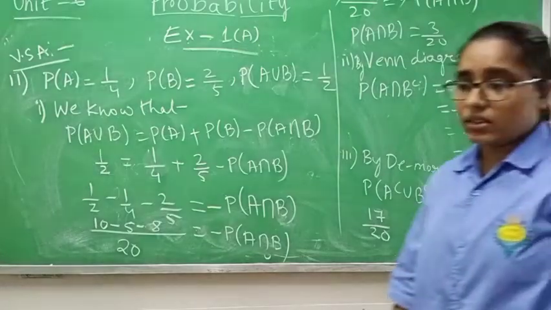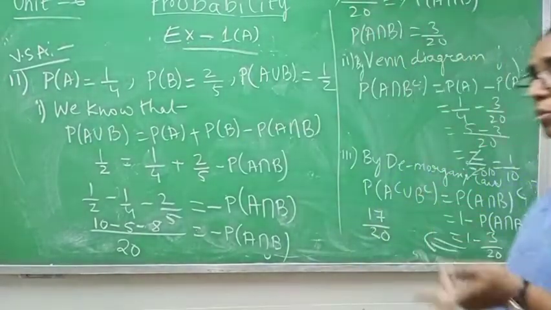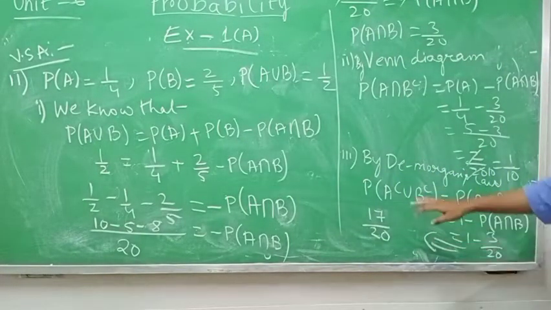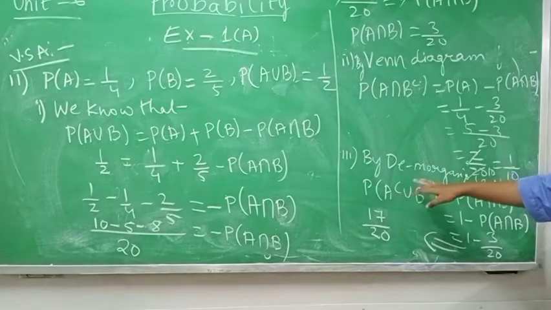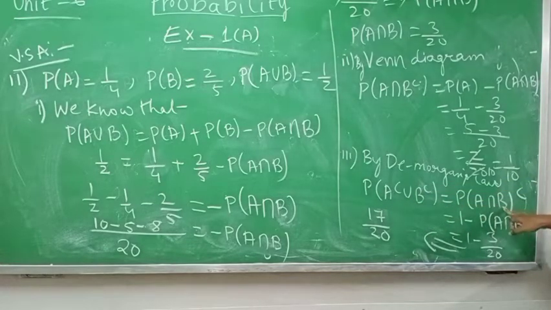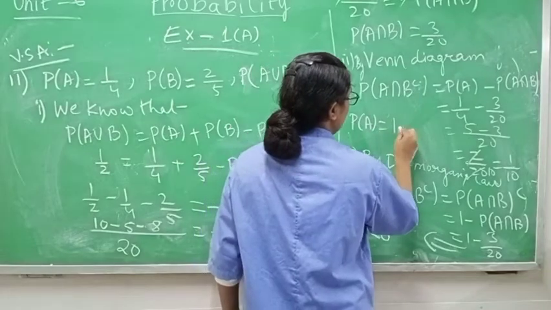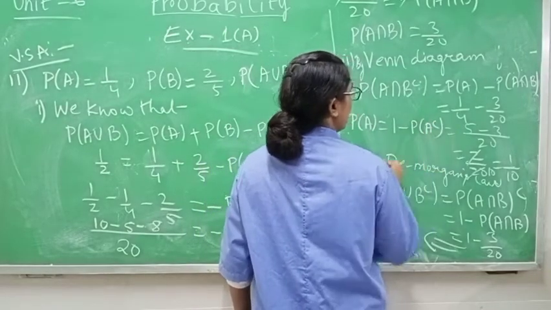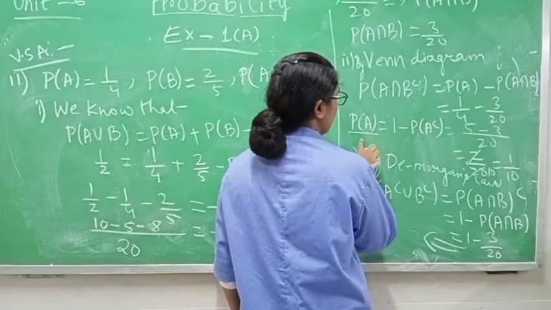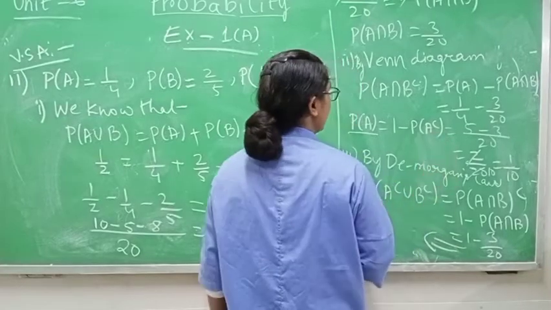Okay. Now the third one is P(A complement union B complement). Both complement. At that time you can get the formula from De Morgan's law. By De Morgan's law you can write P(A complement union B complement) equals P((A intersection B) whole complement). And you know that probability of A occurrence is always equal to 1 minus probability of not occurrence of that event.